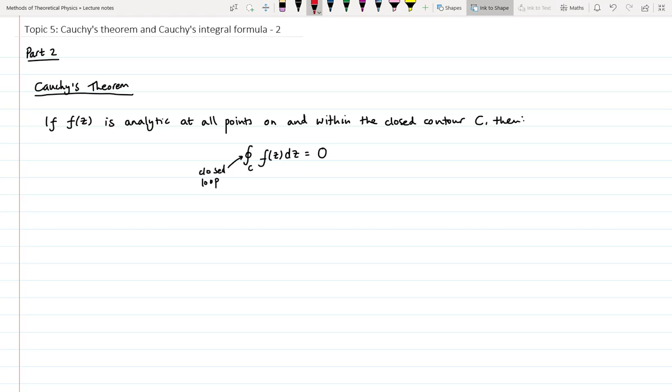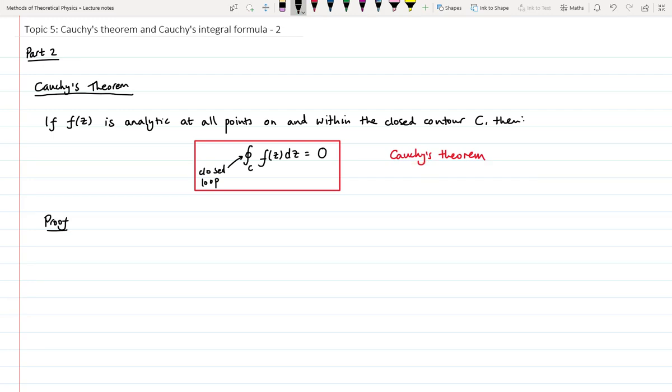And this is an amazingly important result, so I'm going to put a red box around it. This is Cauchy's theorem. And we'll explore the consequences of this later in this video. First of all, let's prove it.